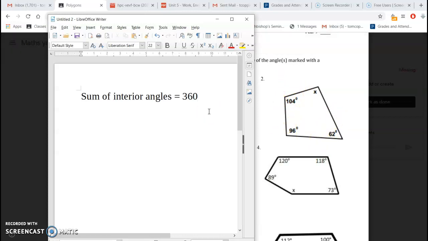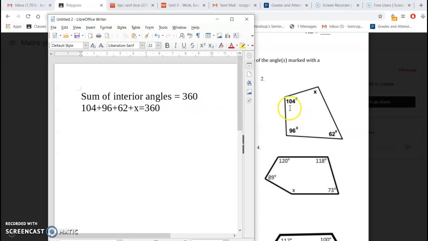So how are we going to calculate the sum of interior angles? So we have 104 plus 96 plus 62 plus x is equal to 360.